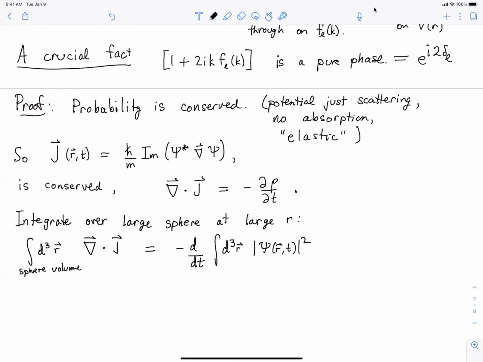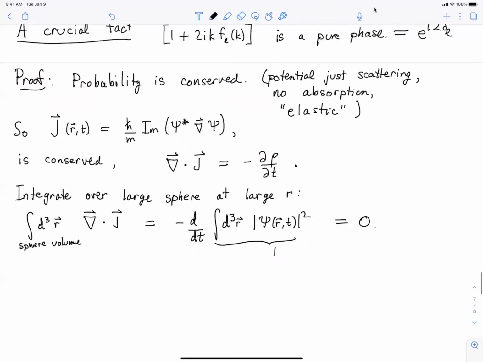Okay, but that is by definition 1. That's what conservation of probability means. It means if you integrate over all positions of the probability to find a particle, you have to find it somewhere. And so that's equal to 1. And so in particular, it doesn't change in time. And therefore it's 0. Okay, so that's true.